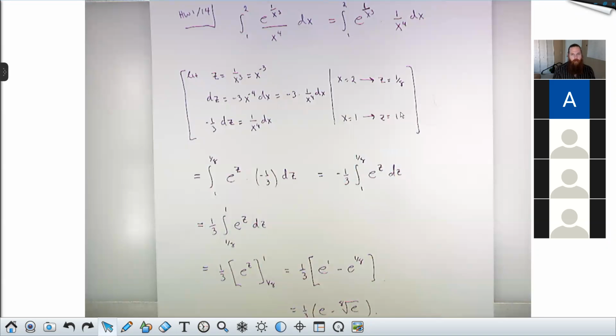Just make sure that your new lower bound came from your old lower bound and that your new upper bound came from your old upper bound. That's the only place there I could imagine someone getting into trouble. So this is what's called an orientation reversing substitution. It's a neat thing. Any other questions on this guy?